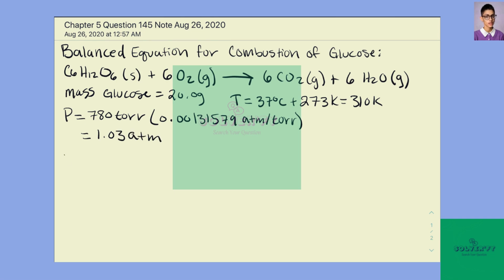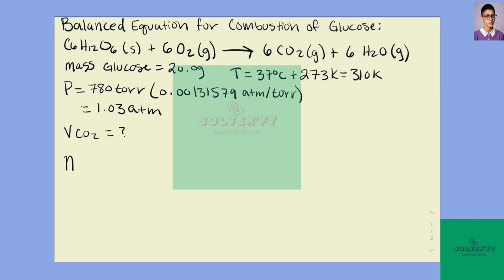And they are wanting us to find the volume of CO2 for this reaction. Alright, so for part A, to find the volume of CO2, we need to find the moles of glucose to start out with. And we know that the molar mass, abbreviated MM, of glucose is equal to 180.15 grams per mole.